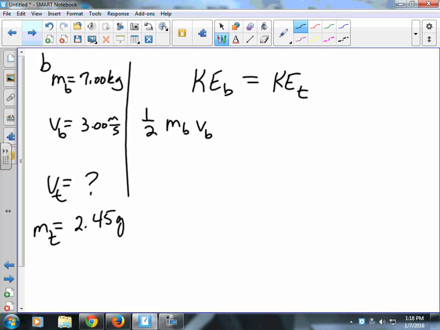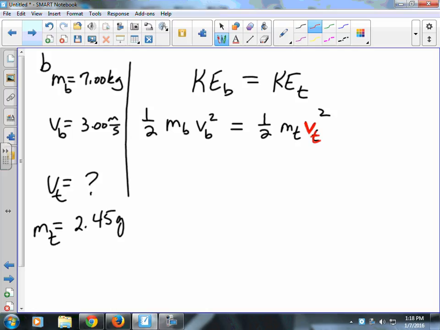And that's got to be squared. Equals 1/2 mass of the table tennis ball, velocity of the table tennis ball squared. What is our unknown? Velocity of the table tennis ball.